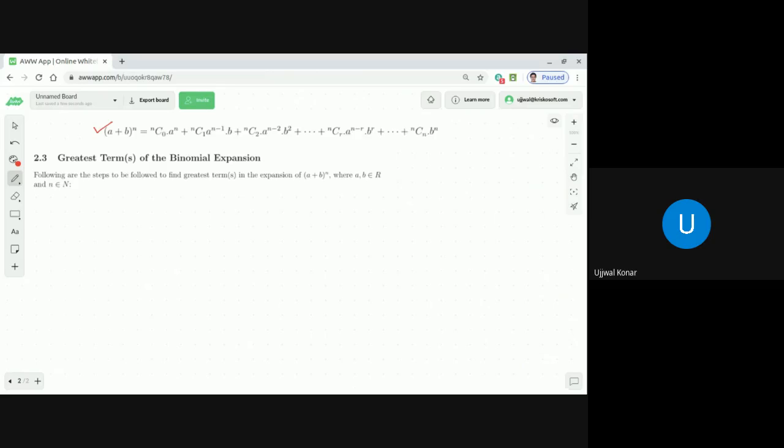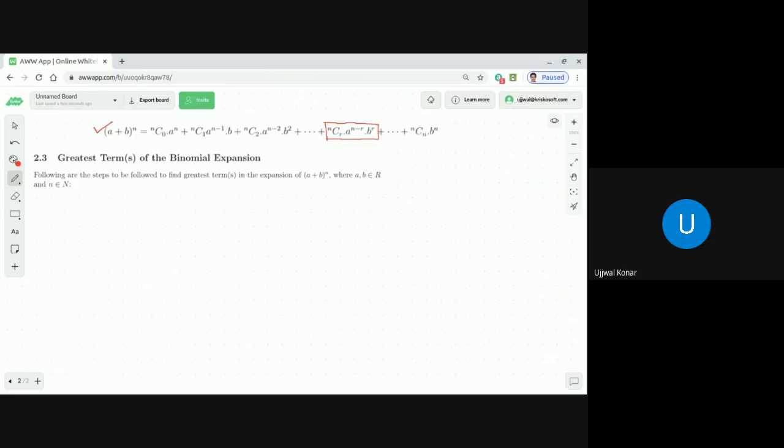But here, along with those, we need to multiply the proper power of a and proper power of b. So for example, can we say that nCr a power n minus r into b power r is the greatest one? If it is, then how to find that one? How to find which among all these n plus 1 terms is the greatest one?